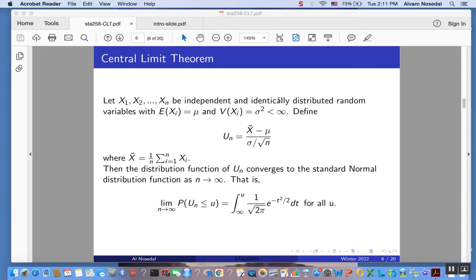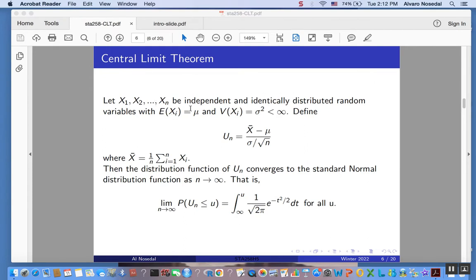That's why we say they are identically distributed. And the variance sigma squared is finite. Okay, there are a few random variables out there for which that condition is not satisfied. The variance is infinite. Anyway, so we have, as I said, a sample of random variables of size n.